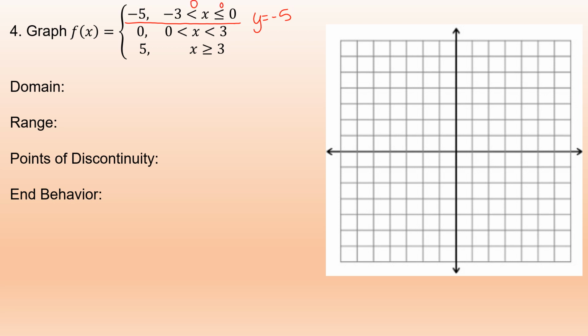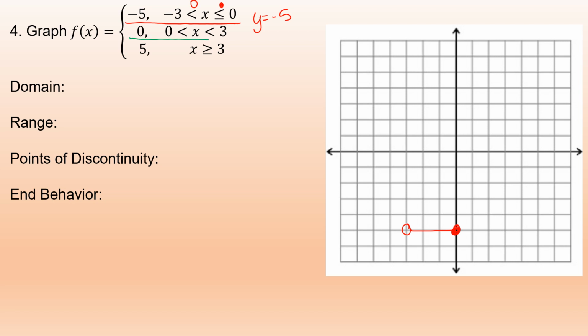Open circle, closed circle. -3 less than x, less than or equal to 0. So at (-3, -5), I am going to put an open circle. At (0, -5), I'm going to scooch over, oopsies, 1, 2, 3 units, I'm going to put a closed circle. There we go, first one done.